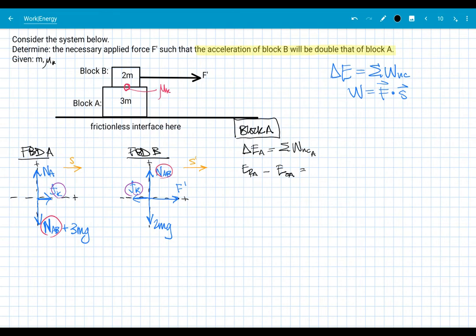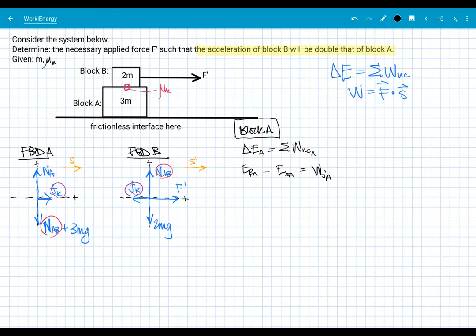Weight is a conservative force, so we don't consider that there. The two normal forces on the free body diagram for block A are both perpendicular to the direction of displacement, so they're not going to do any work. The only non-conservative force that does work for block A is the force of kinetic friction. So I know now that this is really going to be equal to the work done by friction on A.